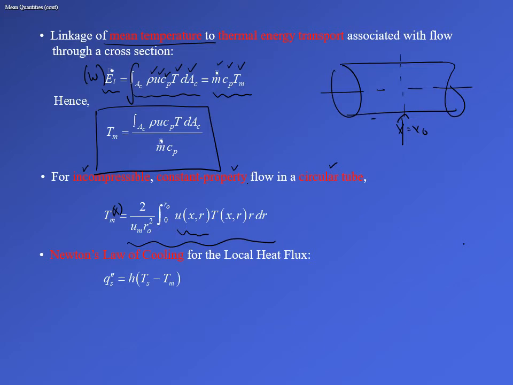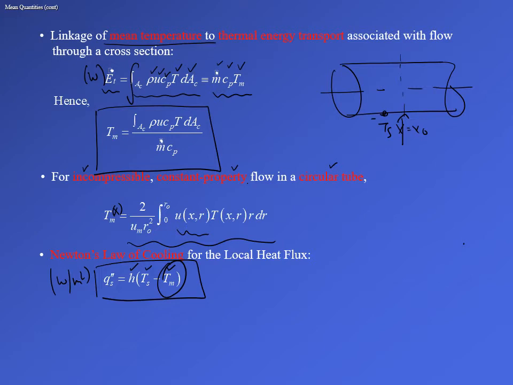Now, as I said, the reason we did all this is to be able to define Newton's law of cooling. So we define Newton's law of cooling as the heat flux, that is in watts per meter square, as h, which is the heat transfer coefficient, and then we have the T surface, which is the pipe temperature, and then we have the mean temperature. So here, instead of T infinity, as we had in external flows, we have a mean temperature.